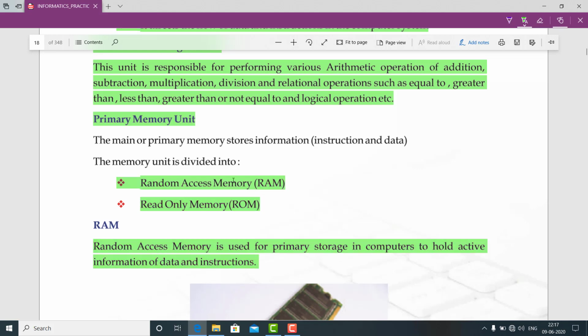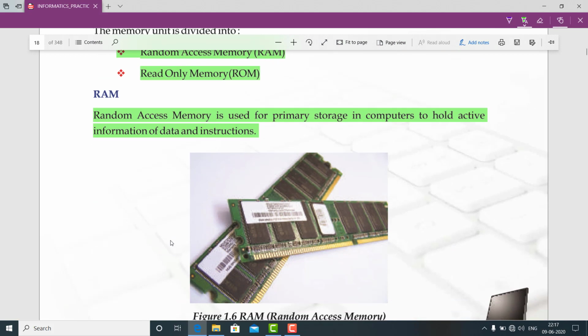RAM is random access memory. This is the basic memory. RAM, random access memory, is used for primary storage in a computer to hold active information of data and instructions. So only RAM is capable of storing the active information.